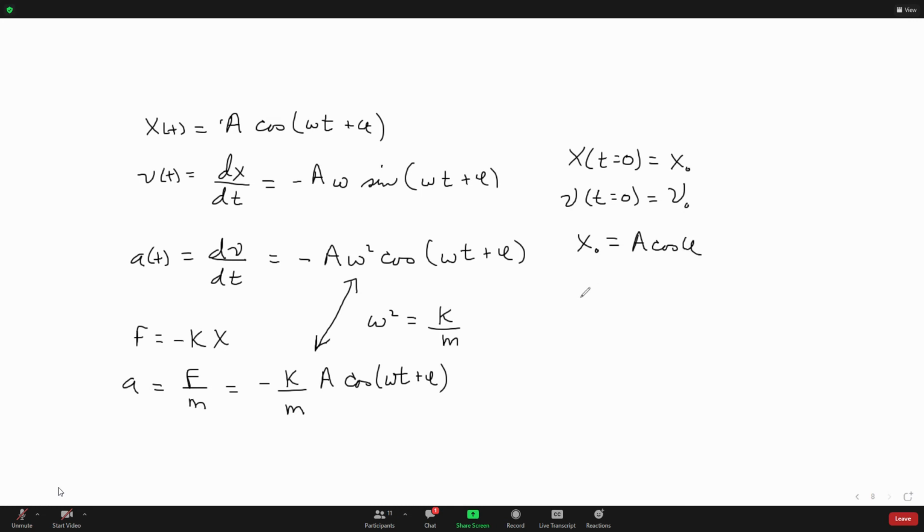And I know that v at t equals 0 must be v0. But v0 is equal to minus A omega times the sine of phi. Well, where did I get this? Right there. Where did I get this? Right there. Just plug in t equals 0.